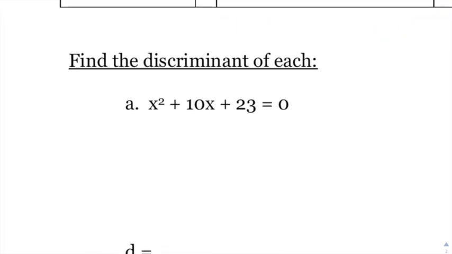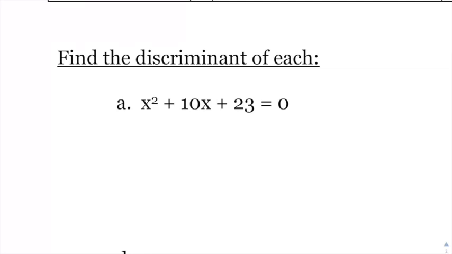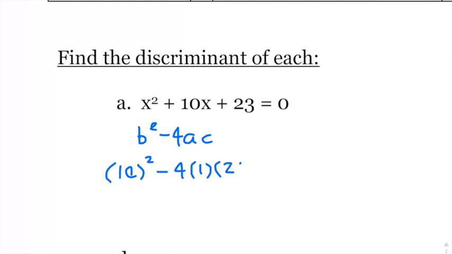So anyways, first of all, they asked us to find the discriminant of each. Remember that's b squared minus 4ac. So it's pretty much all the same stuff we just did on the previous page. We'll do 10 squared minus 4 times a, which is 1, and times c, which is 23.